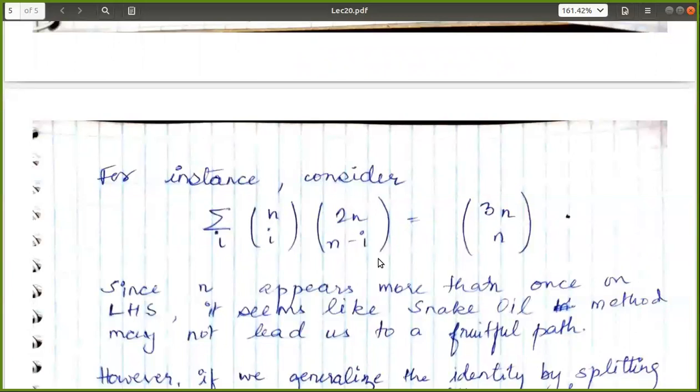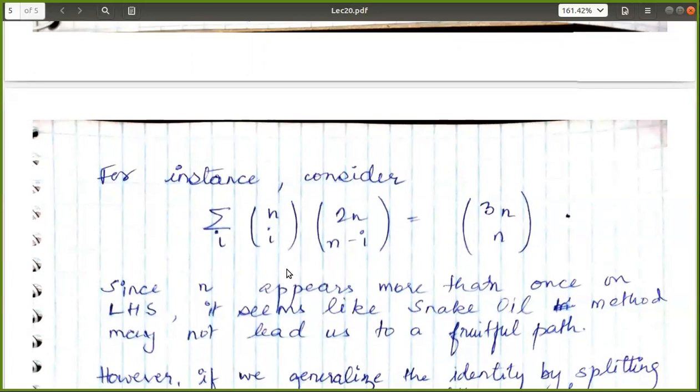So I do not have any way out. I will have to choose n if I want to apply the snake oil method, or I will say, oh, I cannot apply the snake oil method because the free variable occurs more than once. But before giving up, the application of snake oil is valid even here by doing what? Introducing dummy variables.